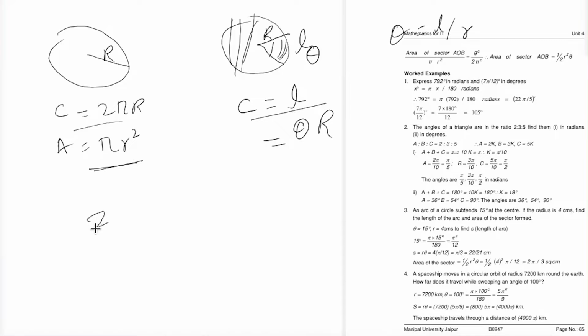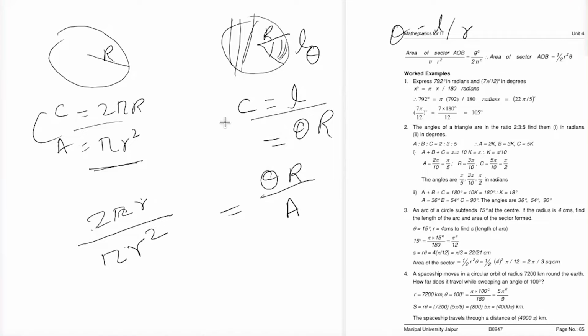So we keep 2 pi r and area pi r square, and this area we don't know, let's say a, and this arc length is theta into r. So we are just taking a ratio of the circumference to the area in both cases.